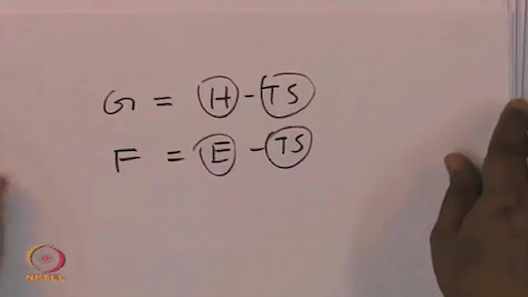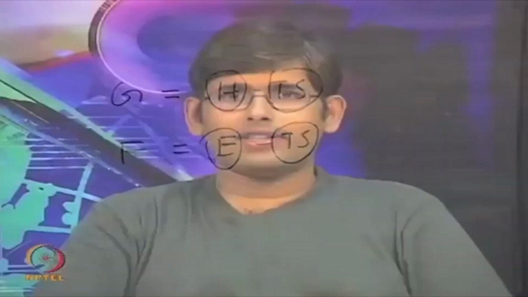Pretty much every system that you can think of in biology can be thought of as some combination between energy and entropy. Energy wants it one way and entropy wants it the other way. As we have discussed in statistical thermodynamics, free energy will always be a combination of energy and entropy, and they will compete.